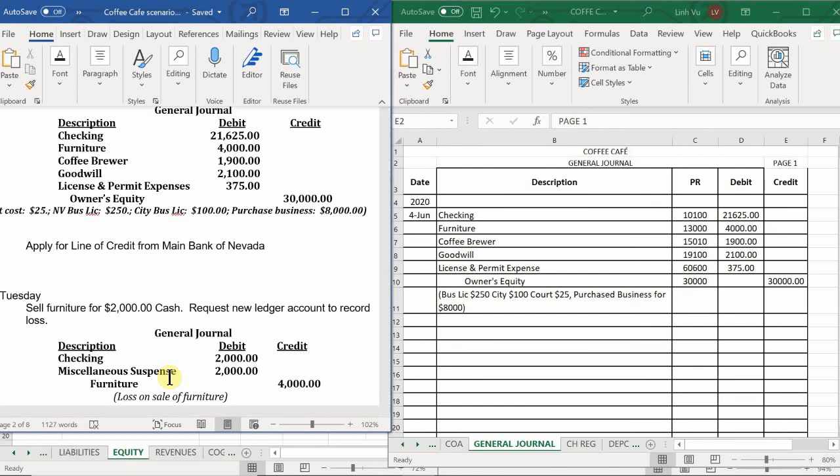So where did that extra $2,000 actually go? Isn't that a loss? It is a loss because we purchased furniture, right, and we sold it for less. Is the depreciation cost, right? Say that again. Depreciation, right?